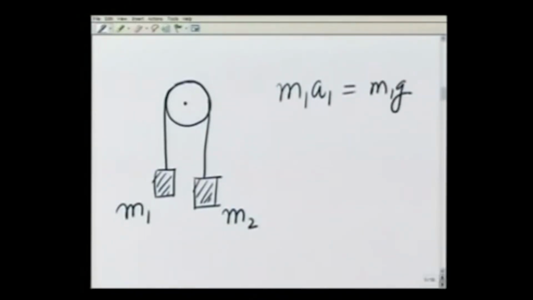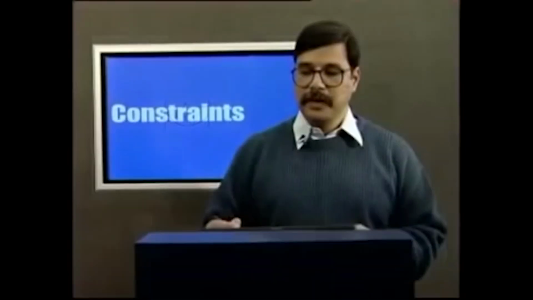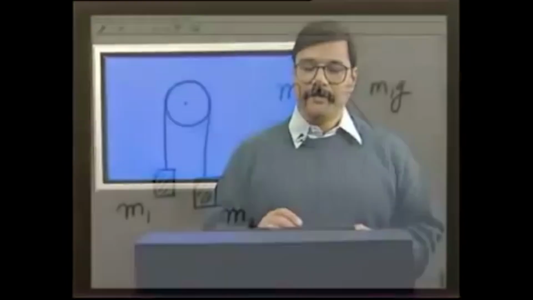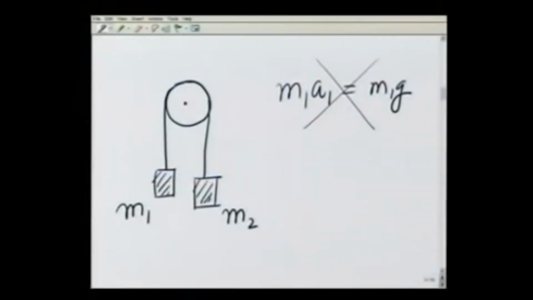Its motion is affected by the presence of the other mass. Similarly, the motion of m2 is also affected by the presence of mass m1. And this constraint comes about because of this rope that keeps them moving together.